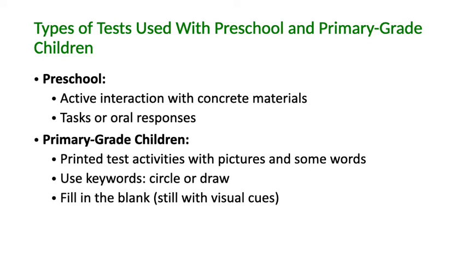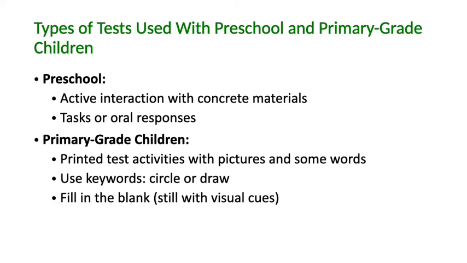So there are different types of teacher-designed tests that are used with different age groups. For preschool students, concrete materials or concrete tests are often given, and they get oral responses or physical responses like pointing or looking at something to indicate the correct answer, right? For primary grade students, or children who can read now, the teacher-designed assessment begins to include printed test activities with pictures or some written words.